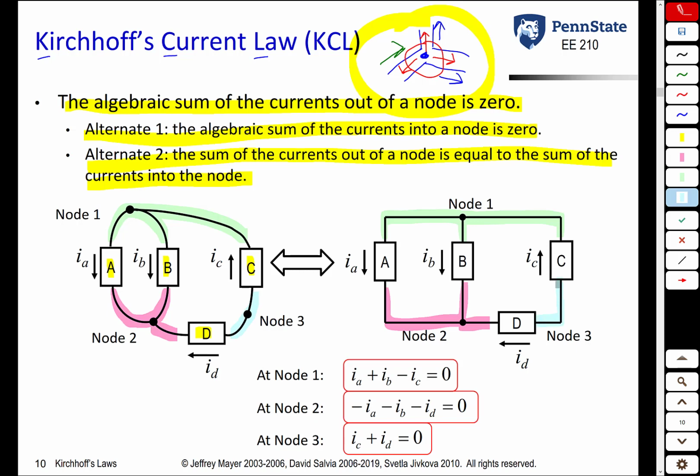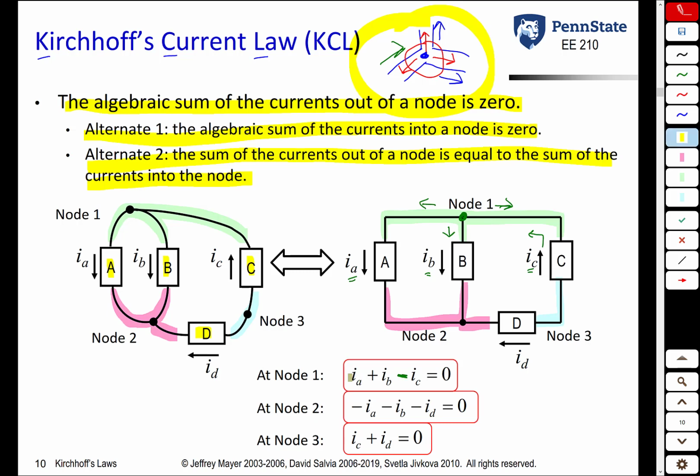So let's look at node 1. If we sum the currents leaving the node, the current in this direction is IA. The current in this direction is IB. The current in this direction, IC is the current through that loop, but notice that IC is defined as a current going in this direction. So the current in this direction is negative IC.